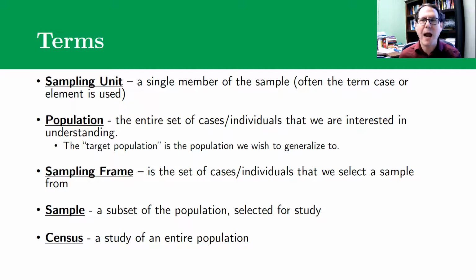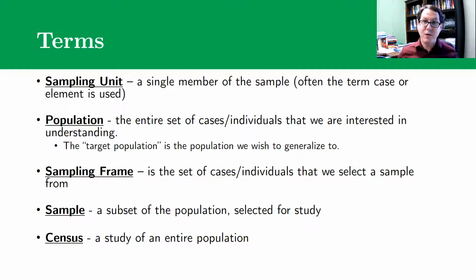What are we trying to study? That's our population. I tend to use the phrase target population to try to differentiate the colloquial meaning from the social science meaning, right? What are we trying to understand, generalize to? What is it that we're trying to study that we can't necessarily get at with our own limited experiences?